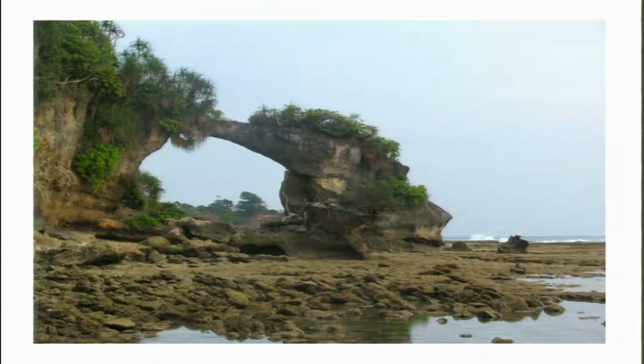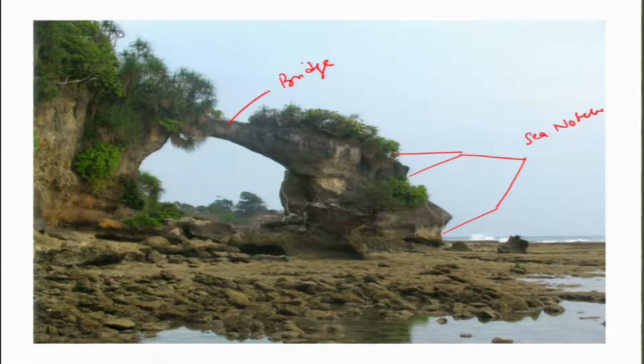One is your bridge, then you have sea notches, and wave cut platform.